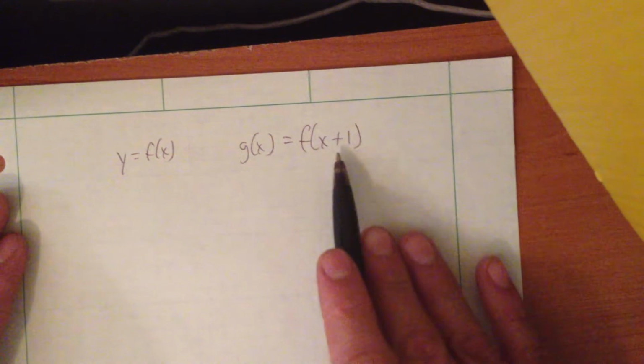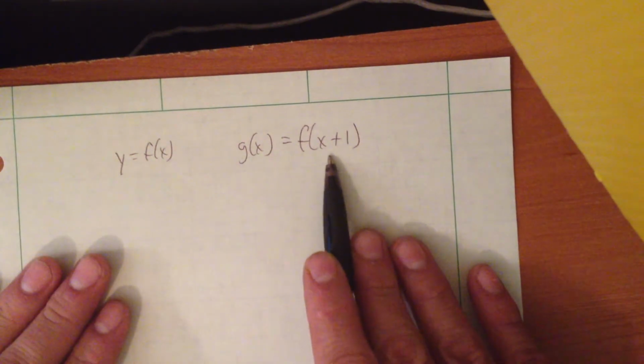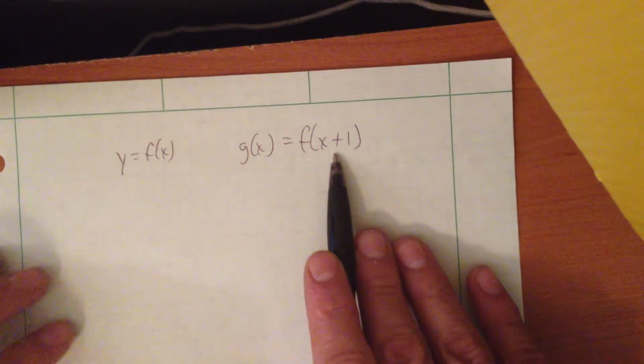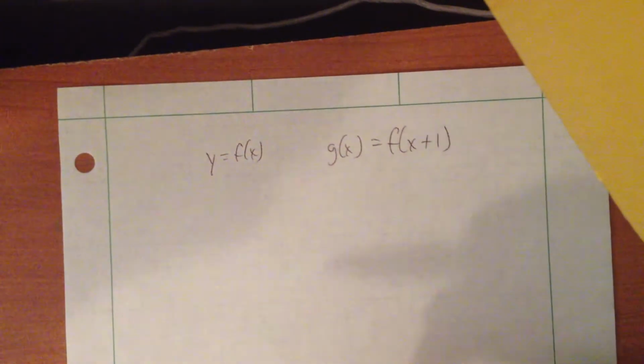So by what we just learned, which way is this graph going to move? Since it's positive, it's going to go to the left. Like I said, that's where the tricky part comes in, because positive usually goes to the right.